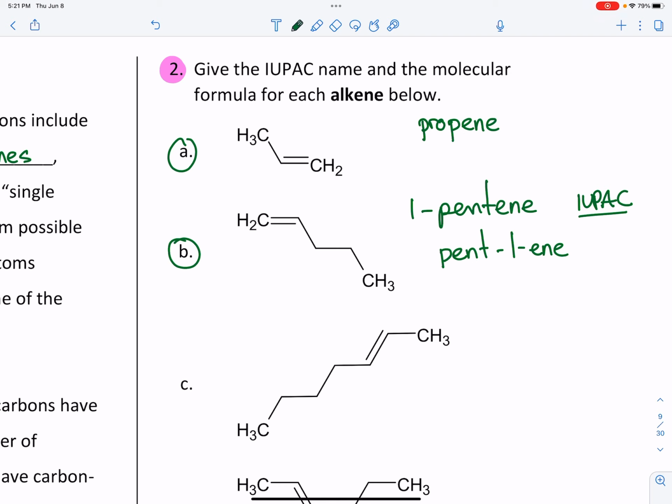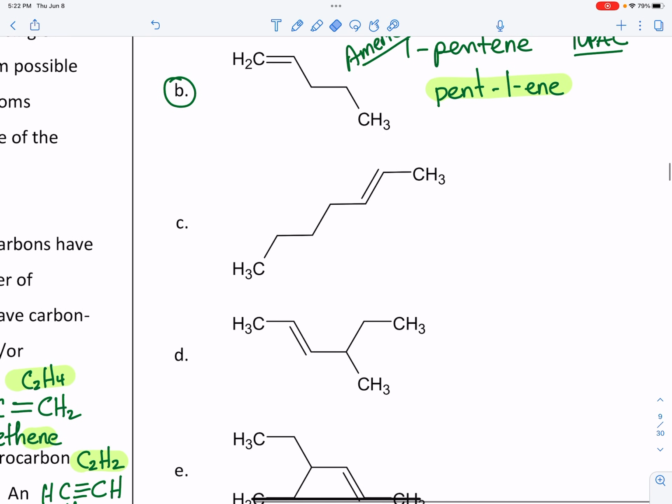That's actually how I prefer to do it. So if you're in this booklet, I'd prefer that we use the IUPAC system of naming, but you will see me occasionally use the American system because it's very common. Okay? We use American books, so we're going to see that quite a bit.